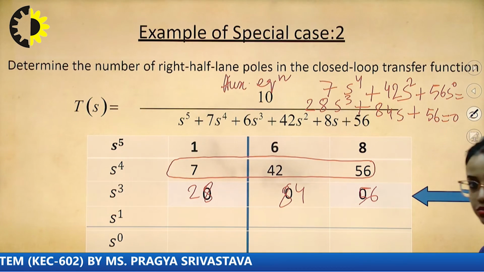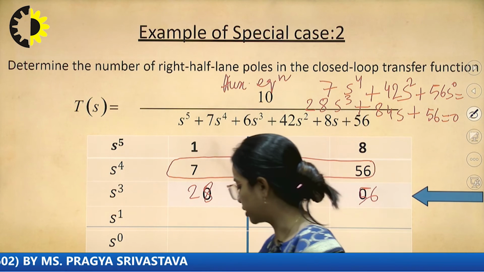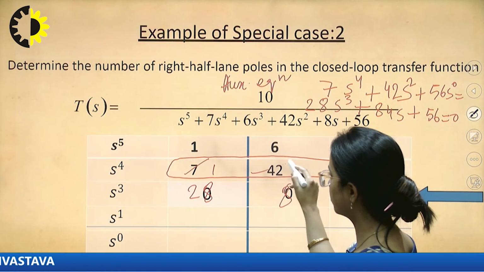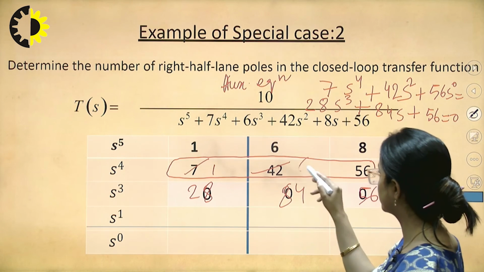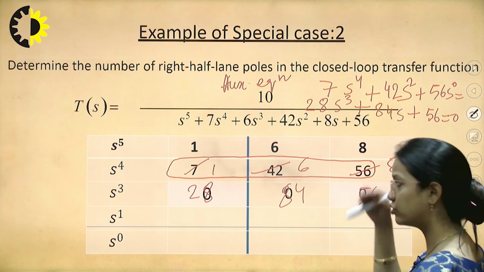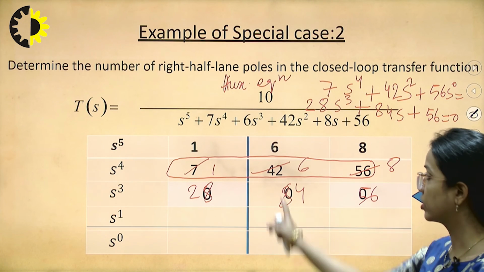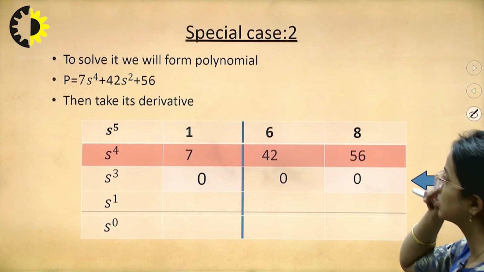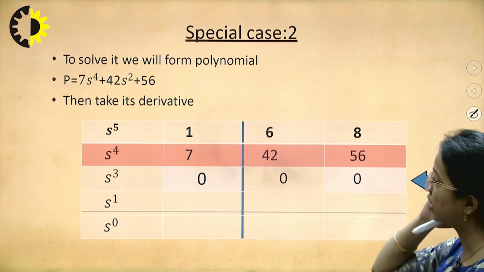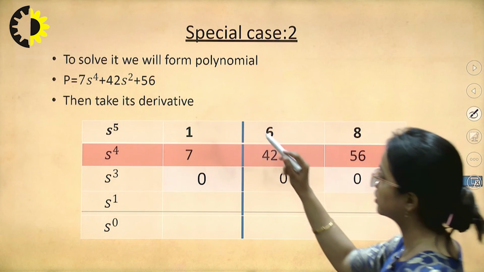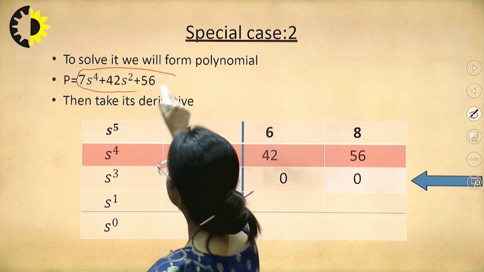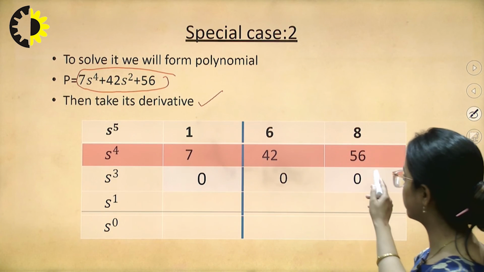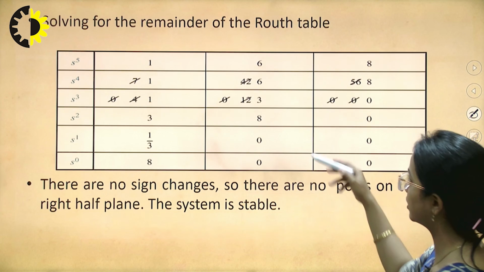One more thing you can do. Before doing this, you can reduce this equation here itself. Divide the complete equation by 7, and you will reduce it. Then you can differentiate and find out: 1 s to the power 4, 6 s to the power 2 plus 8. So we have to take this polynomial and take the derivative, and the derivative can be written here, but as I have said, they are trying to reduce it.